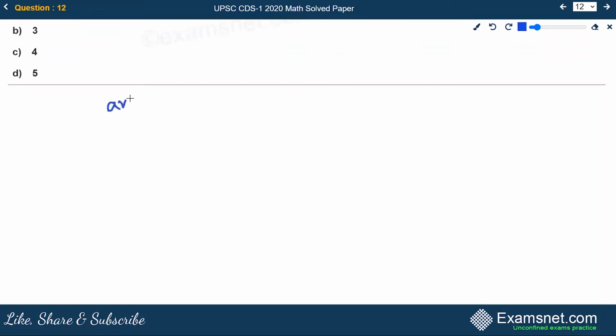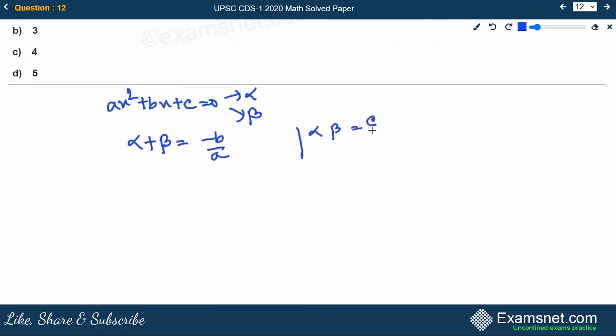If ax square plus bx plus c equals to 0 is the quadratic equation, and alpha and beta are two roots of this quadratic equation, then the relationship between the roots and the coefficients is alpha plus beta equals to minus b by a, and alpha beta equals to c by a. These are two relations they hold.